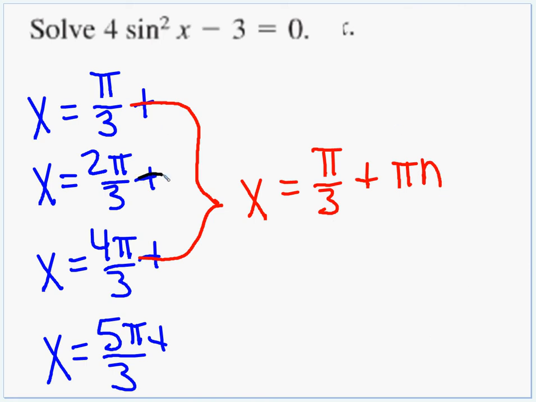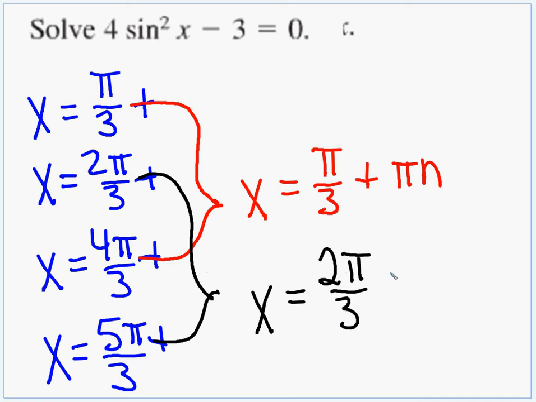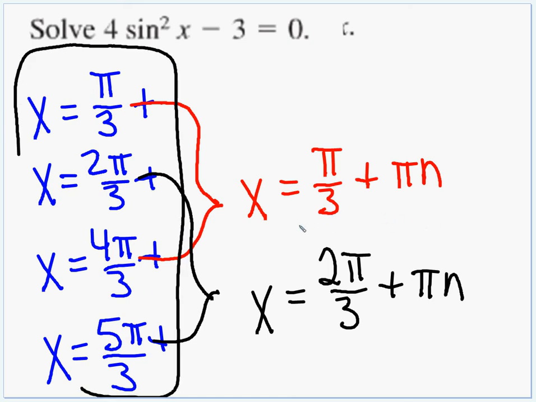Now the 2/3 is directly across from the 5/3, so they're going to combine to the 2/3 pi plus 1 pi n. What we'd have to write down 4 times, we've condensed down by changing the 2 pi n to a 1 pi n.